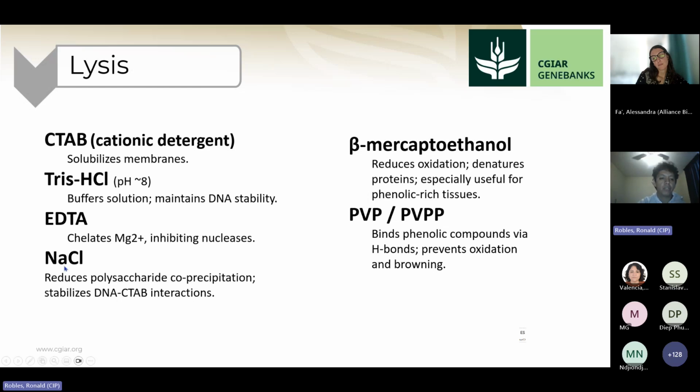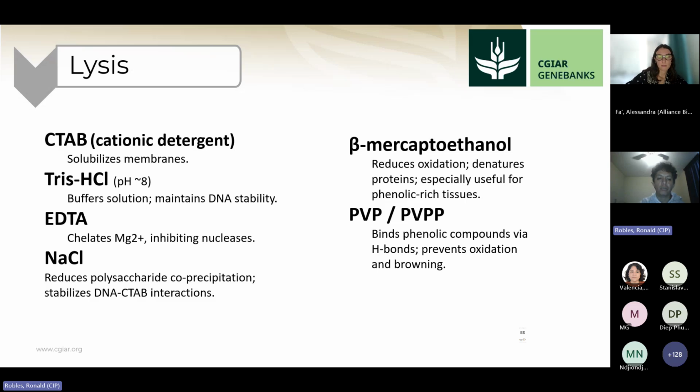So the EDTA captures these ions and prevents the enzymes from being active. The fourth compound is the sodium chloride. It's very important because, depending on the concentration, if we make a lysis buffer with high sodium concentration or lower sodium concentration, we will obtain different results. The normal protocol for the lysis in the DNA extraction uses an amount of sodium chloride that promotes the precipitation of polysaccharides.